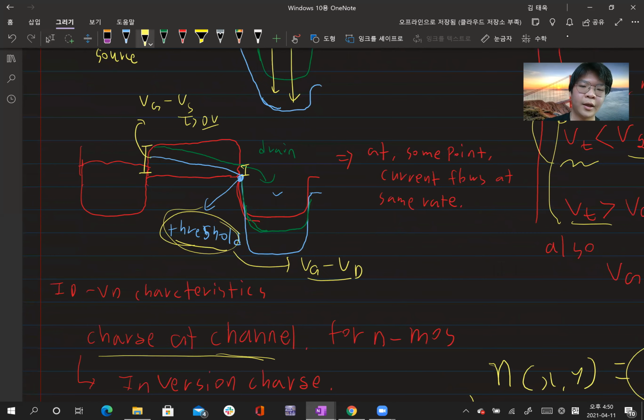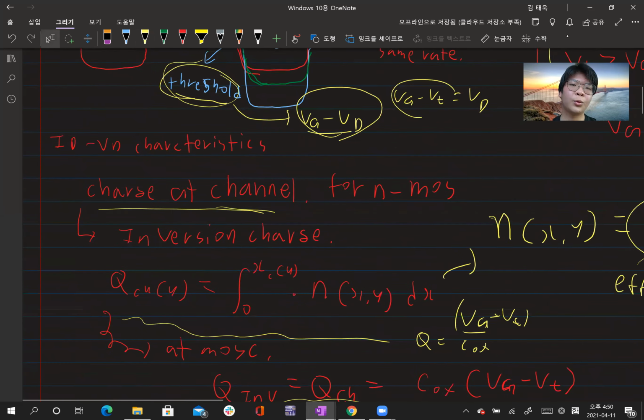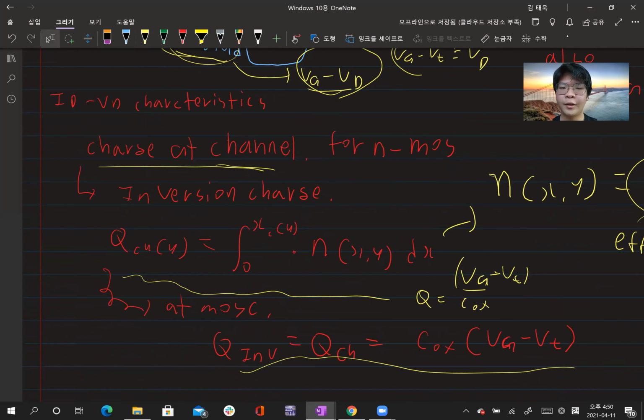So at the moment when the difference between the gate bias and the threshold voltage equals the drain bias, the current gets saturated. To explain this with equations, we will use a definition of charge and current density here.